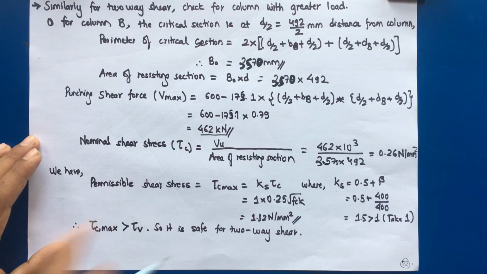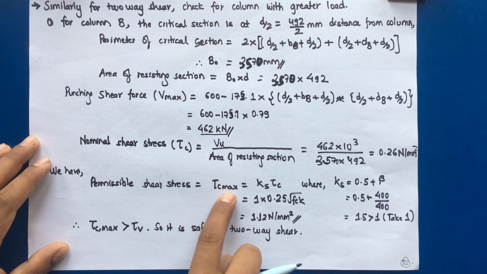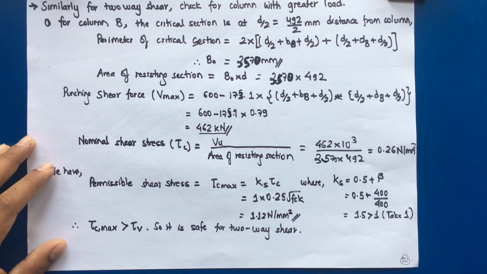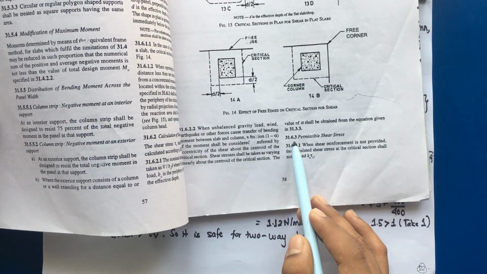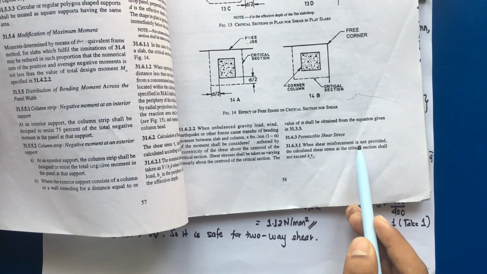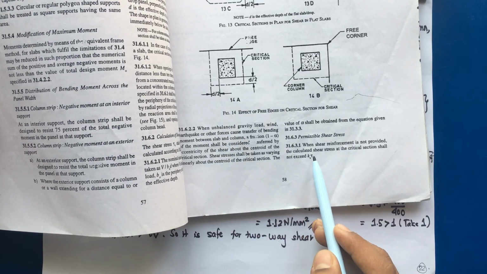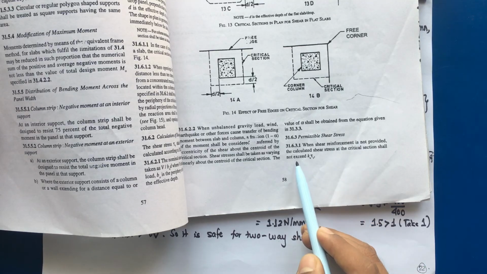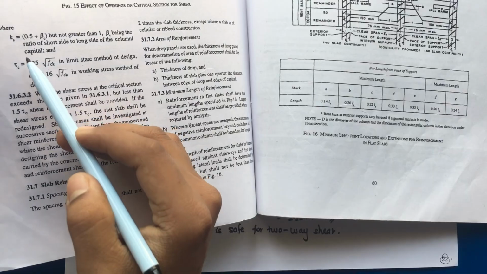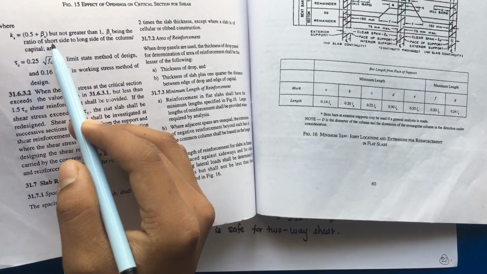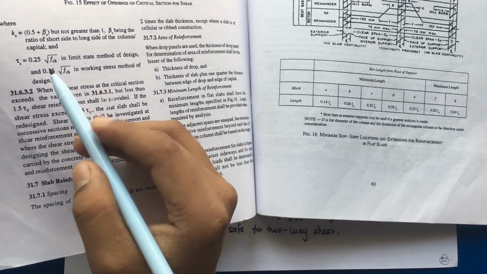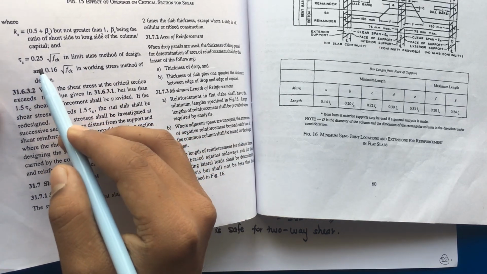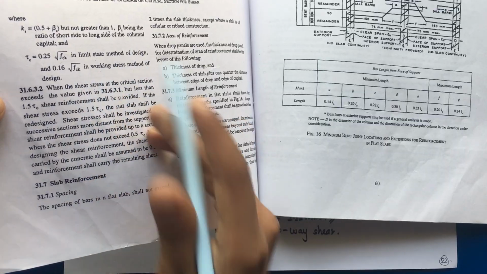And for permissible shear stress, from IS code we have tau c max is equal to Ks into tau c. From page 58 of IS 456, clause 31.6.3, if there is no shear reinforcement, we have to make sure that the shear stress at the critical section shall not exceed Ks into tau c, where Ks is 0.5 plus beta c but not greater than 1, beta c being the ratio of short side to long side, and tau c is 0.25 root fck in limit state method of design.